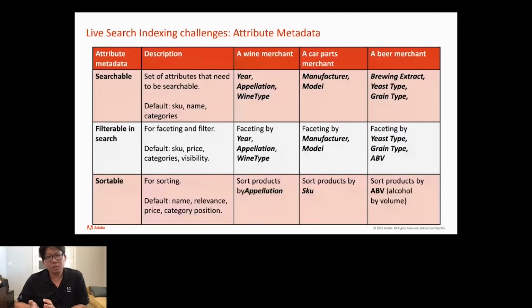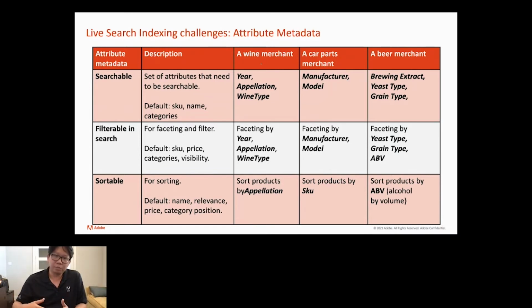Another indexing challenge is that within Magento, it has a concept of attribute metadata. So there's no single merchant index that looks exactly the same as other merchants. This table provides a contrast here. For example, if we have 3 merchants, a wine merchant, a car parts merchant, a beer merchant, each of these merchants may configure their index differently.